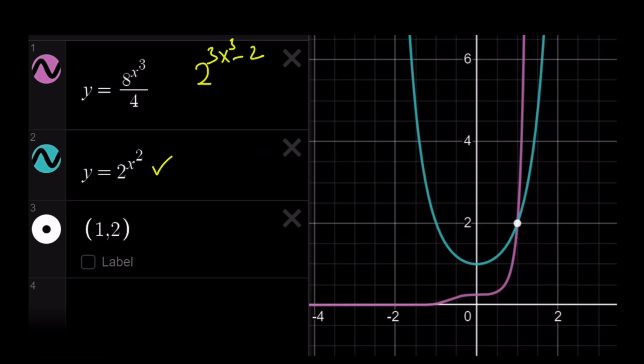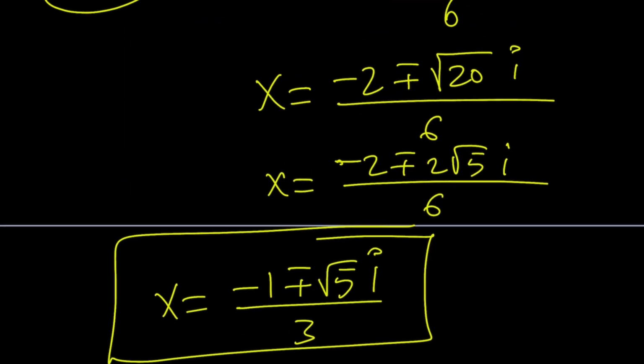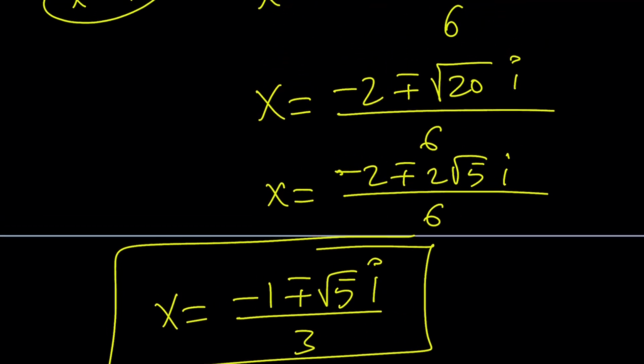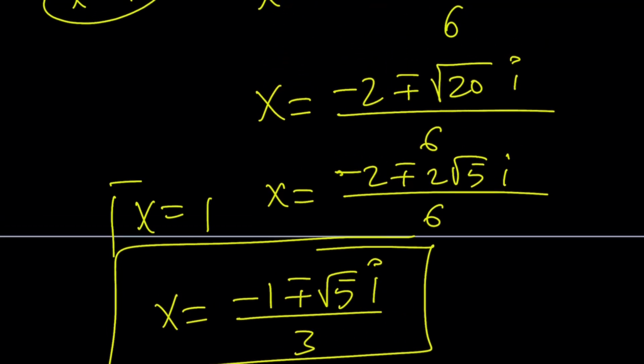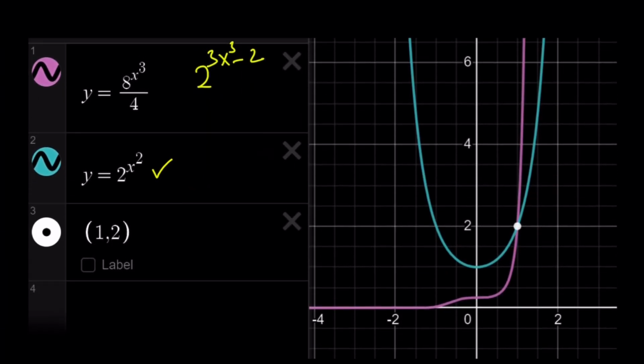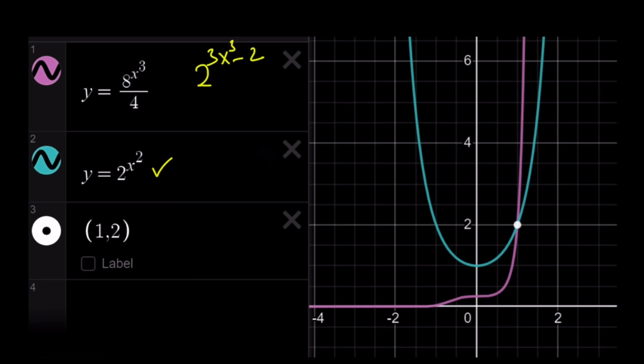Cool, so they seem to intersect at a single point, but how can I make sure that they really intersect at a single point? Well, we kind of verified with algebra, didn't we? We got one real solution only, so that should be good enough. But graphically, how do we satisfy ourselves visually? So here's what we're going to do.